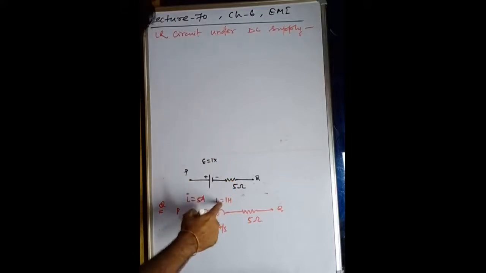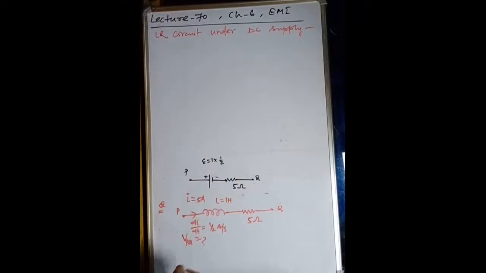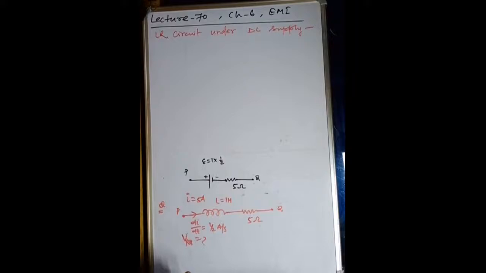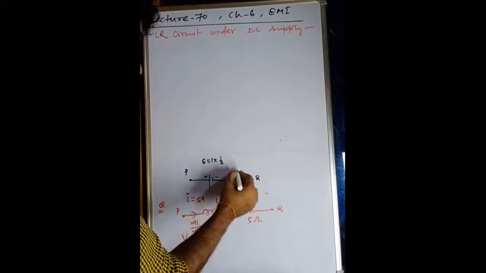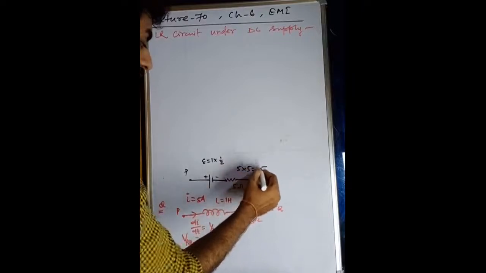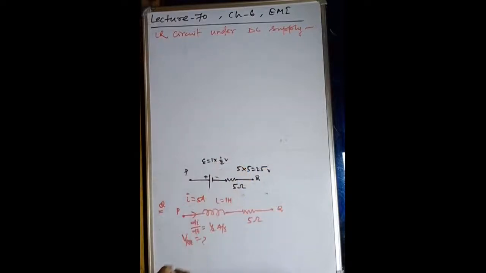How much L? It is 1. And di by dt, how much? It is 1 by 2. How much voltage over here for the resistor? It is I times R. I is 5 and R is already 5. So, 25 volt over here and half volt over here.